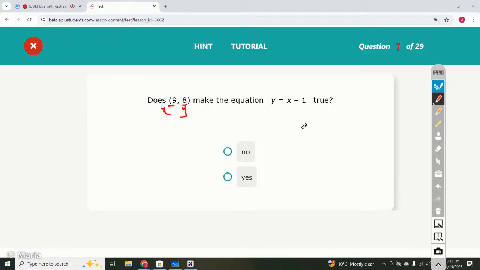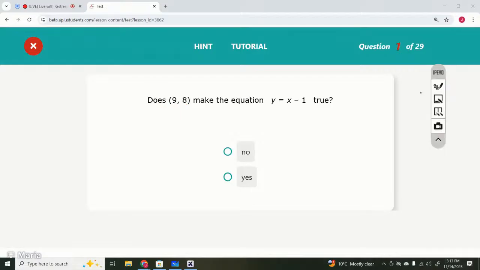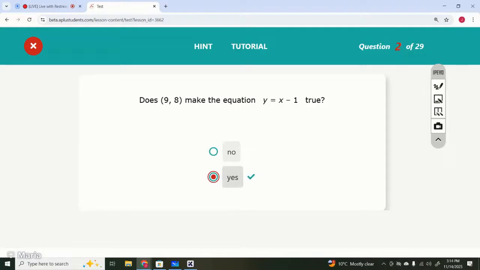X equals 9 and y equals 8. So y is 8, which equals 9 minus 1. 8 equals 8. So yes, the point (9, 8) makes the equation true.